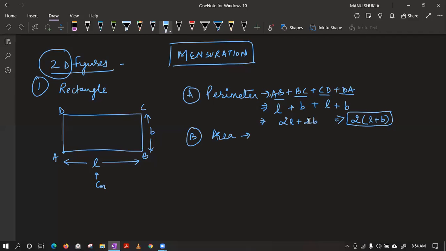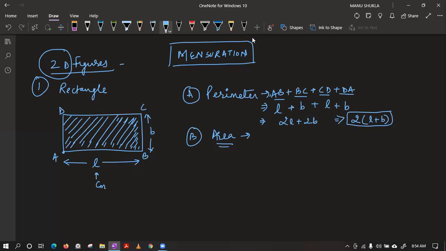Now for area, how will you define the area? Area is the inside content of the figure. These concepts of area and perimeter are mostly used in agricultural fields. You must have seen many questions where they ask you to fence an agricultural field, how much barbed wire you will require.